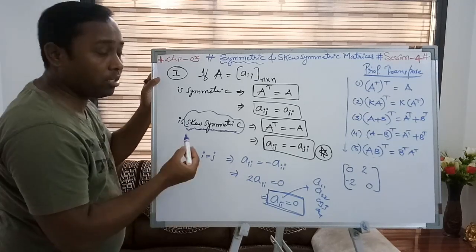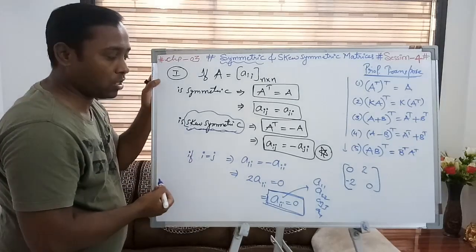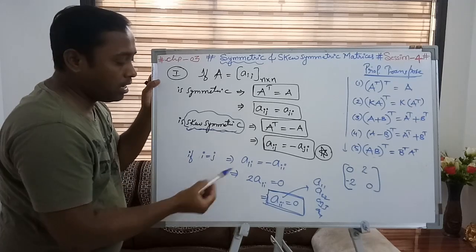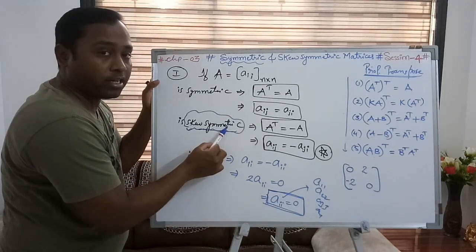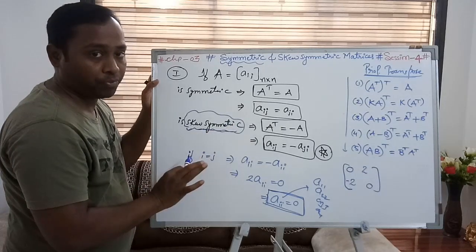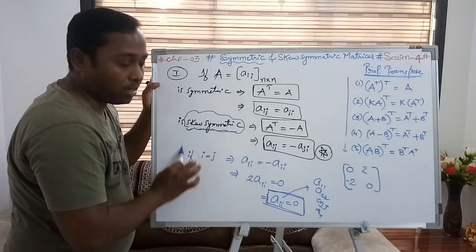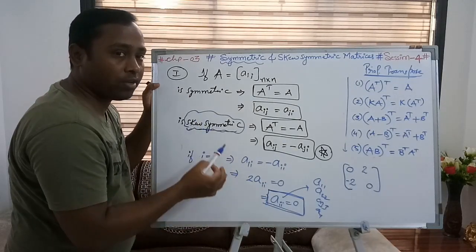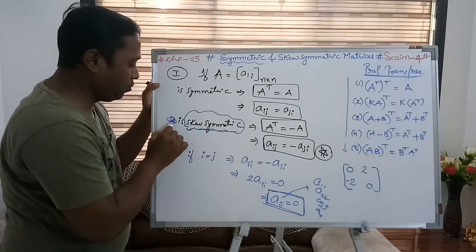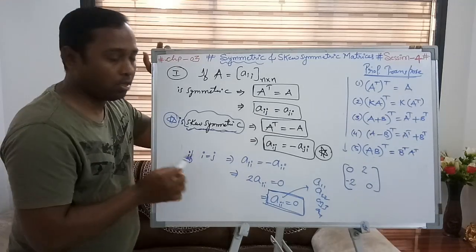So this is basically a theorem, they may ask the question: prove that diagonal elements of skew symmetric matrix is always 0. I repeat, prove that diagonal elements of skew symmetric matrix is always 0. Then you need to just start with the definition.